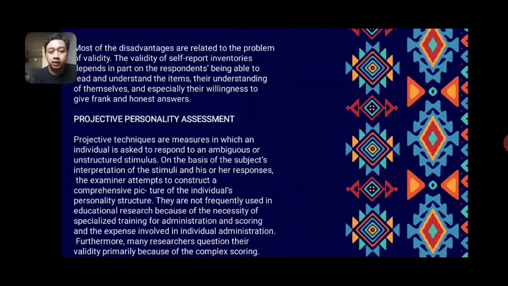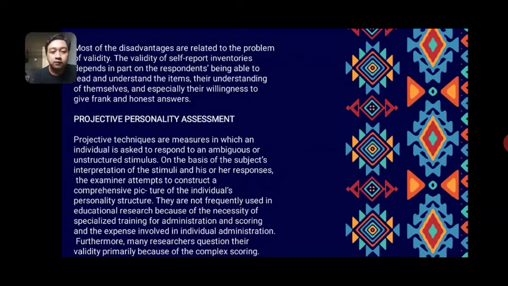Projective personality assessment. Projective technique, a measurement in which an individual is asked to respond to an ambiguous or unstructured stimulus on the basis of the subject's interpretation of the stimulus and his or her response. The examiner attempts to construct a comprehensive picture of the individual's personality structure.